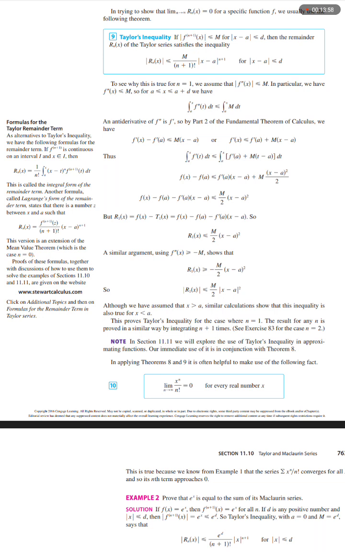This proves Taylor's inequality for the case where n equals 1. The result for any n is proved in a similar way by integrating n plus 1 times. See exercise 83 for the case n equals 2.